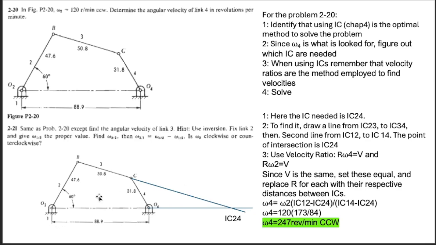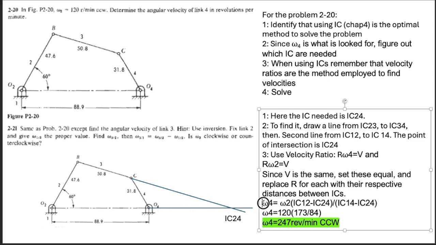Using instant centers, you're going to find the distance between the instant centers IC24 and IC12. This line here is your first radius. And then the next one will be the radius for 2, 4 and 1, 4.